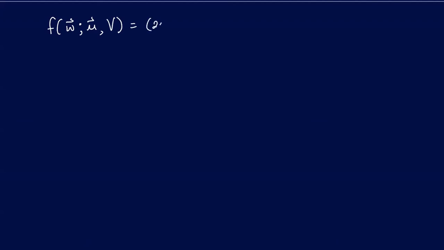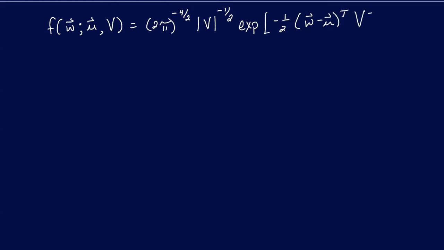So this is 2 pi to the minus n over 2, and n is 4. And then the determinant of V inverted and square rooted, so to the negative 1/2, e to the minus 1/2, W minus mu transpose V inverse W minus mu.